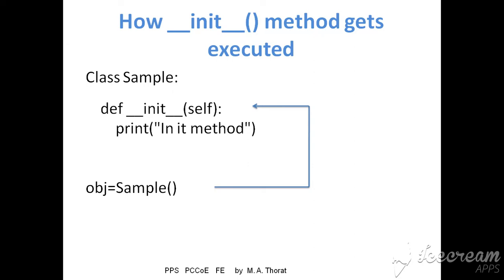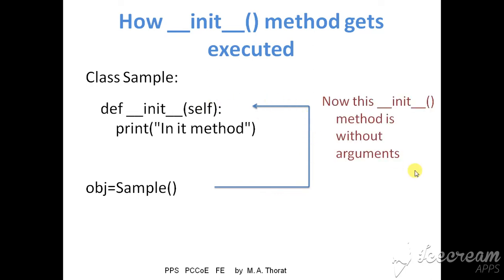There is no need to write an explicit statement to call the init method, because as soon as an object of the class is created, it automatically initiates a call to the init method. In this case the init method is defined with just the self object, which is the default object, so we can say this init method is without arguments. No arguments or parameters are passed to this init method.